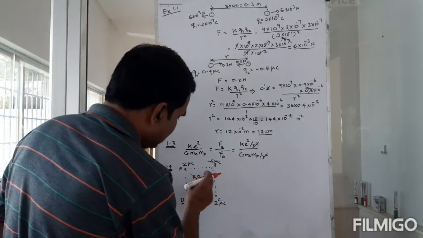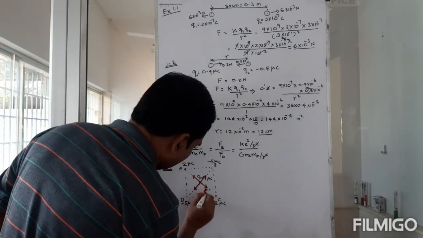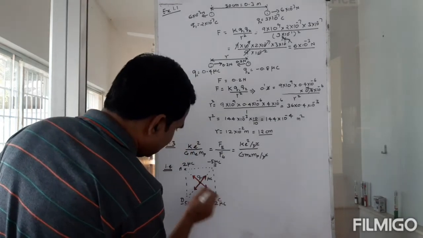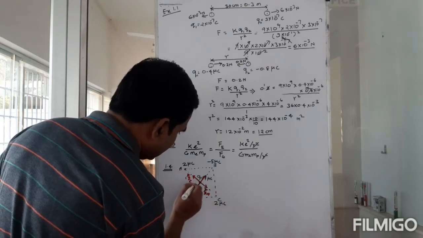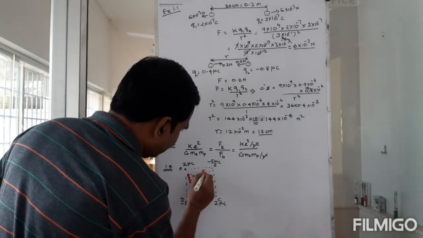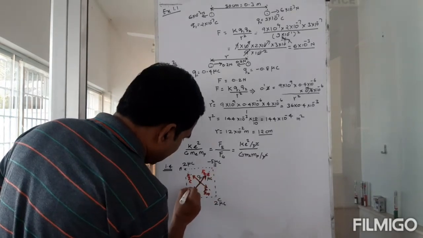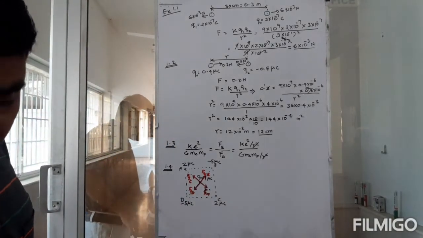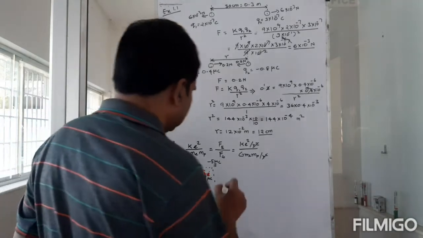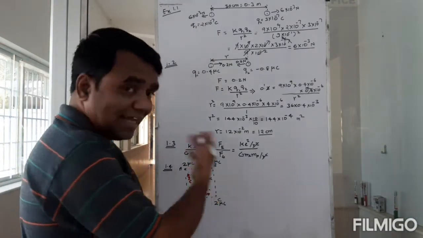So this is F on Q due to A, and this is F on Q due to C, and this is F on Q due to B, and this is F on Q due to D. Okay? So what happens in this case is there are forces acting, but then they will cancel each other out.